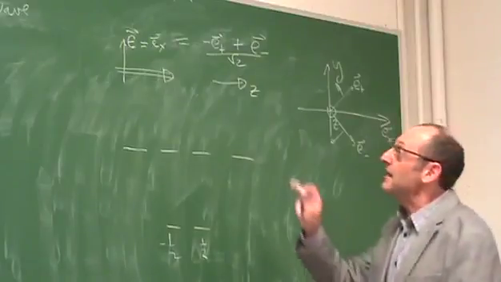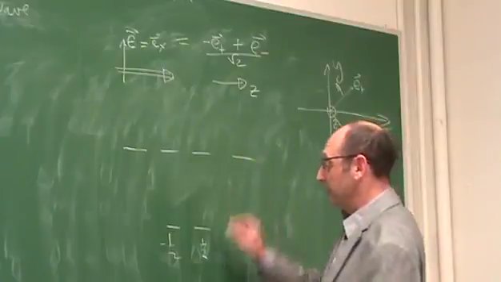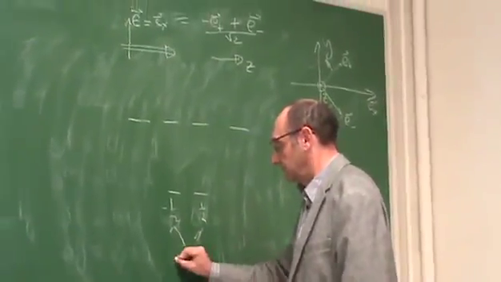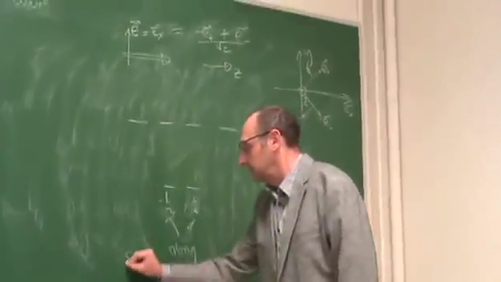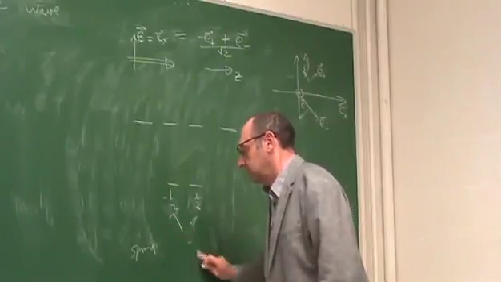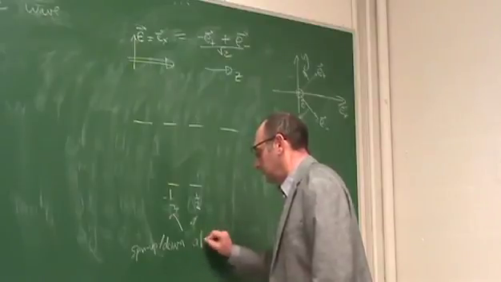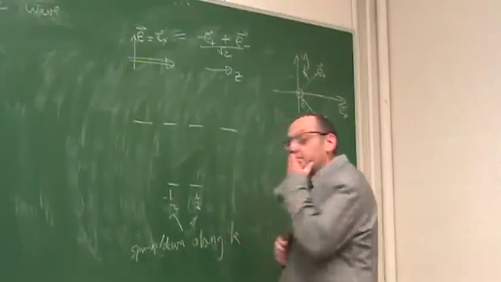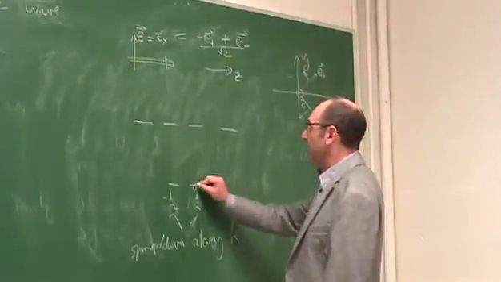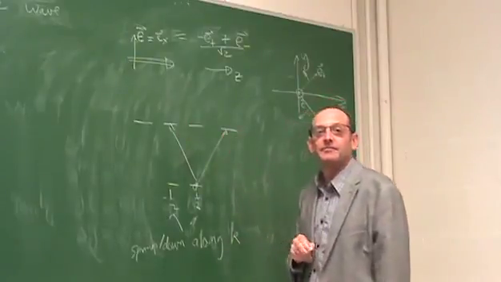Okay, so that means that relative to this energy level diagram, where this is spin up or spin down along k, if I start here, I will drive these two transitions.